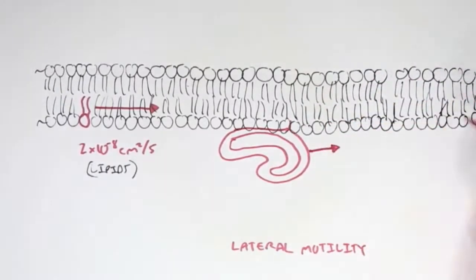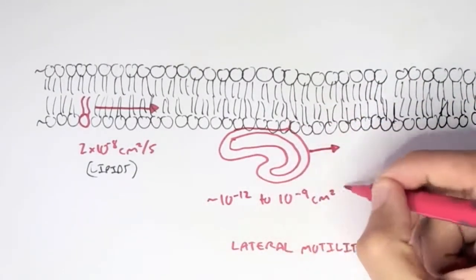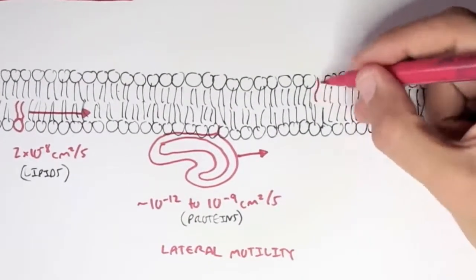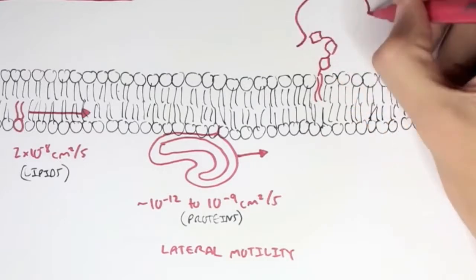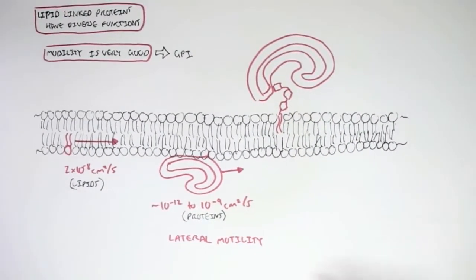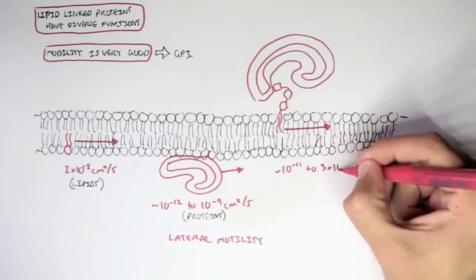If we look at proteins, on the other hand, an example of this can be peripheral proteins, which are attached to the membrane, or actually an integral protein, which spans the membrane. It moves at roughly about 10 to the negative 12 to 10 to the negative 9 centimeters squared a second. And this is very, very slow compared to a lipid structure.